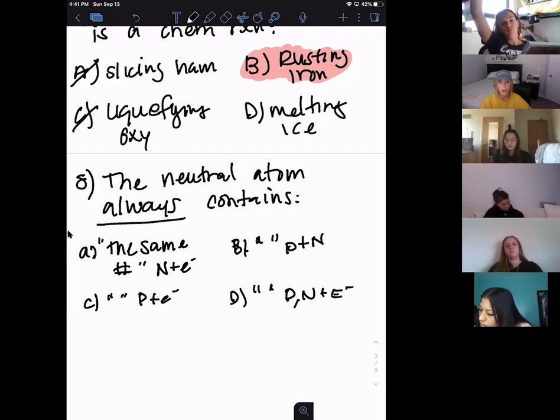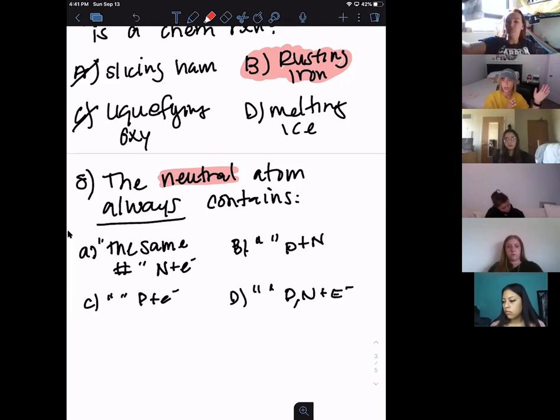So first of all, let's go back to the question, and what does it mean to be neutral? No charge. So electrons are what charged? Negative. And a proton is? Positive. And a neutron is? Zero. Neutral, because that's what we call a neutron.